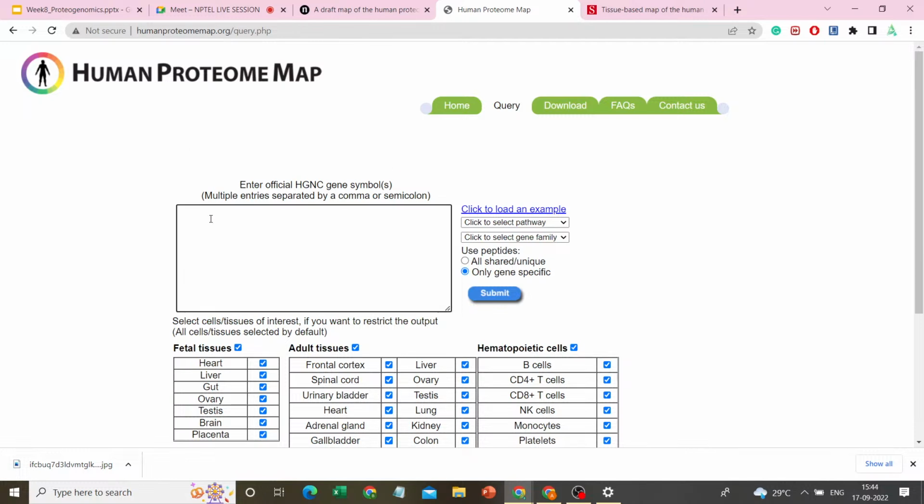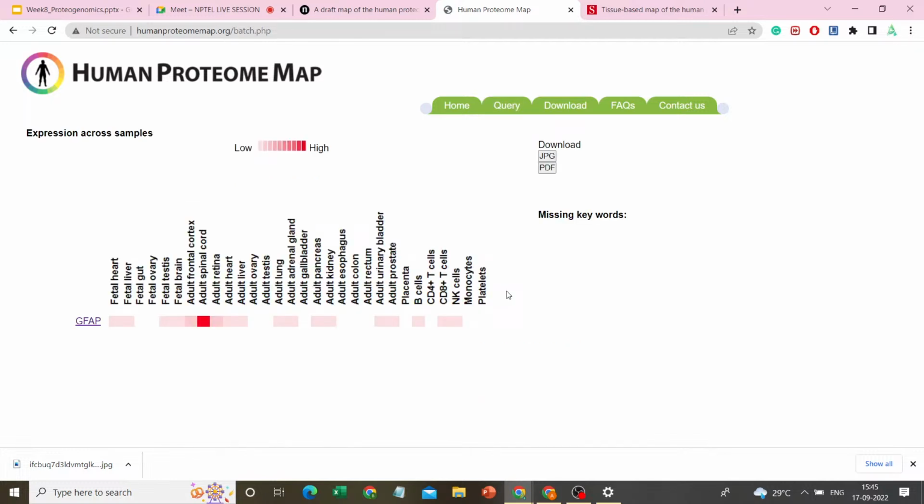Now, for example, if you search a gene like the GFAP gene, and you were working with the kidney proteome and found that GFAP expression is way too high, you try to identify what the basal expression level is in normal adult kidneys.